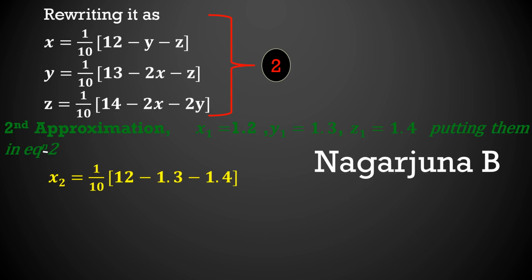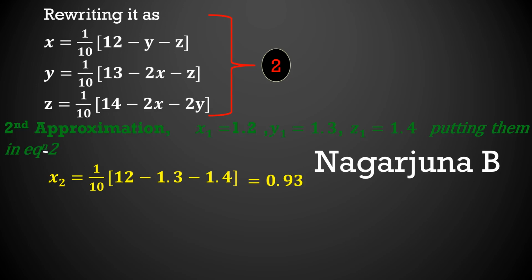In the calculator, while calculating you can write, open the bracket, 12 minus 1.3 minus 1.4, close the bracket, divided by 10. And it will give the answer, and that answer is 0.93.